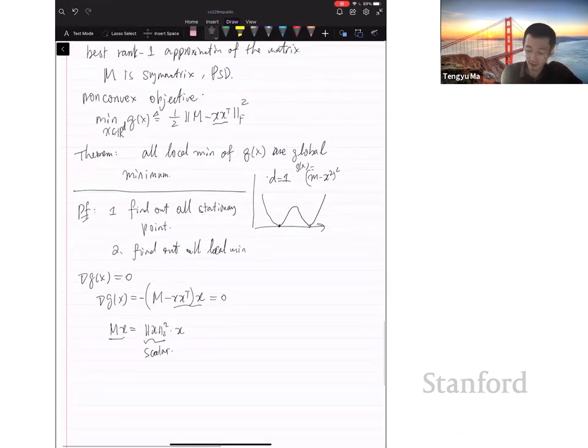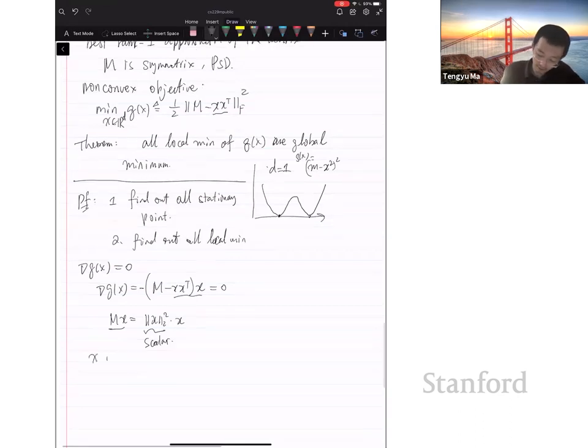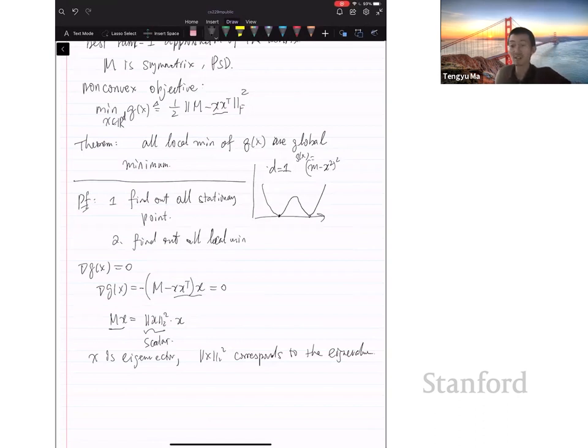Okay, cool. This is a scalar, and this is a matrix vector multiplication. So basically, this is saying that x is an eigenvector, and the 2 norm of x squared corresponds to the eigenvalue. One way to think about this is that you first find the unit eigenvectors, since an eigenvector doesn't have a scale. Let's say the unit eigenvectors are v1 up to vd.